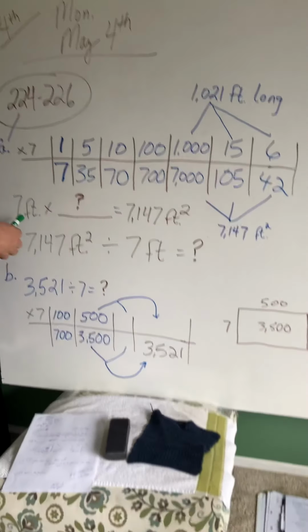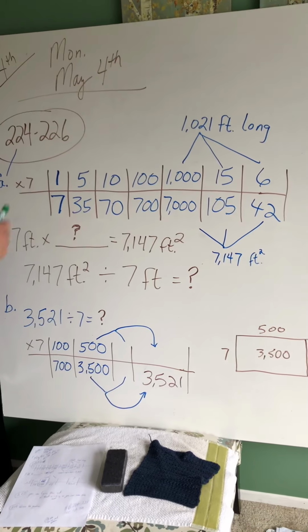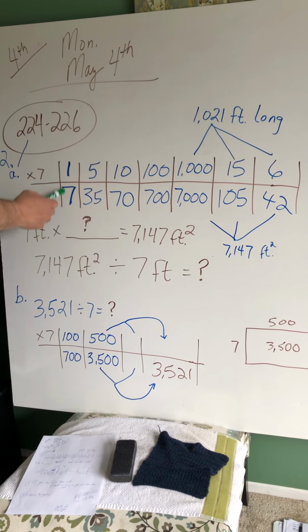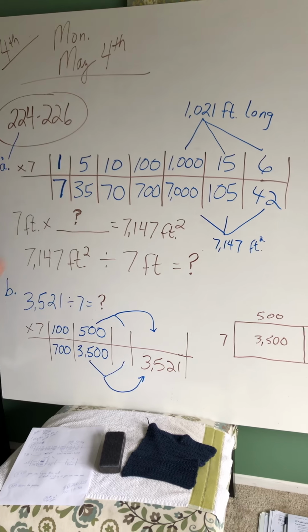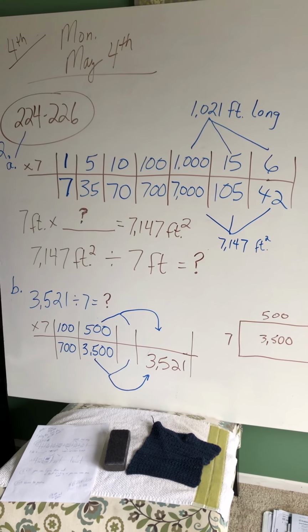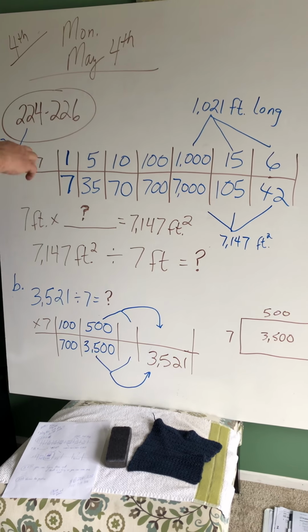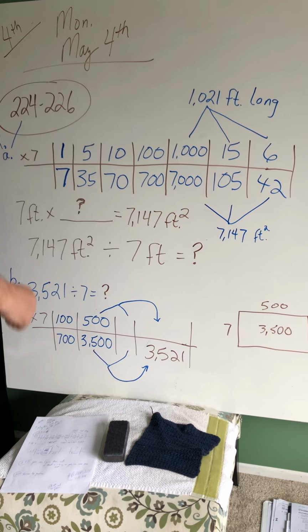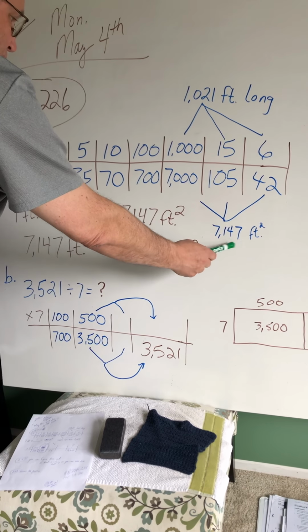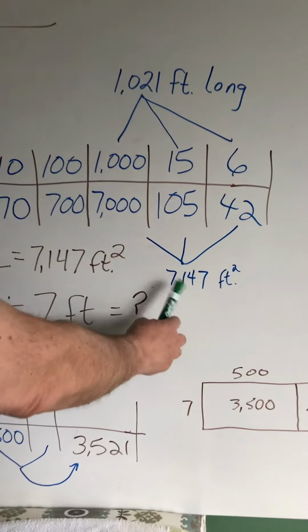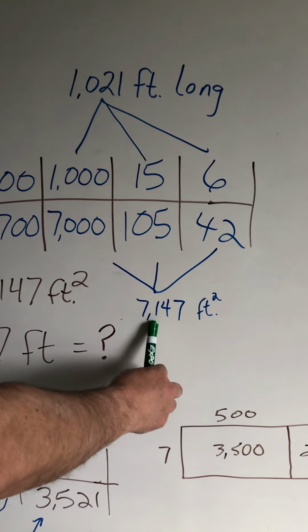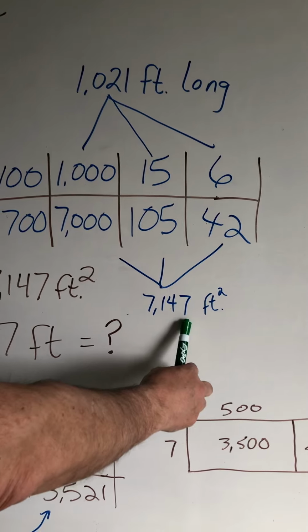So it's going to be a times 7 ratio table, and I always start with 1 time, because that's a good starting point. 1 times 7 is 7, okay? Then I just jumped to bigger numbers because we got to get down here somehow. We have to get to 7,147, okay?